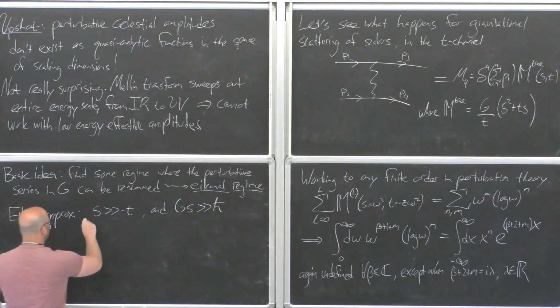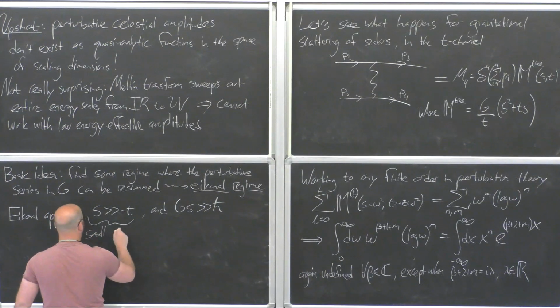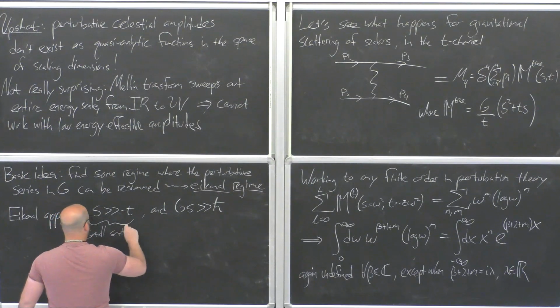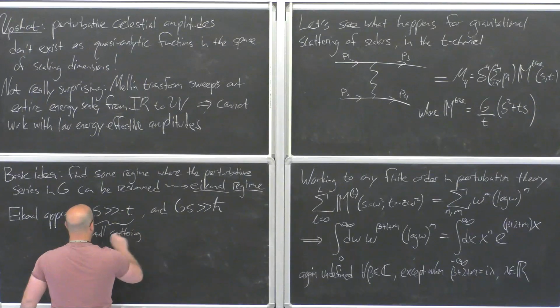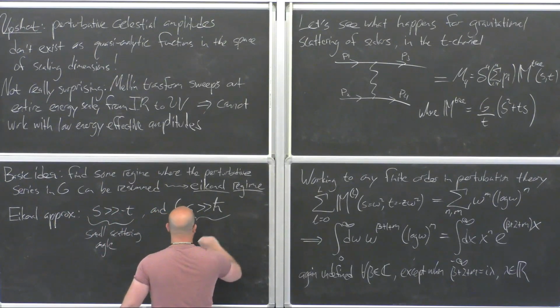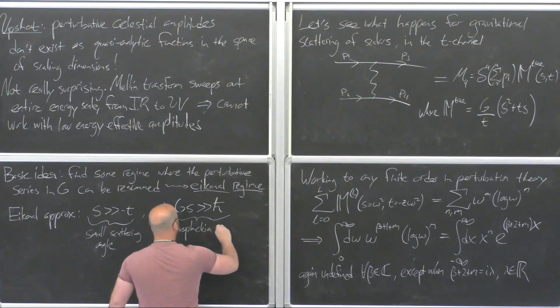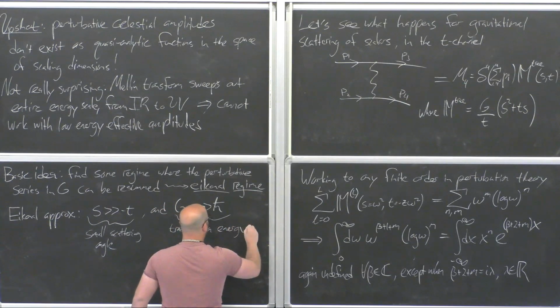So what do these things mean? This means that you have small scattering angle. And this means that you have what's often called the trans-Planckian energy condition.